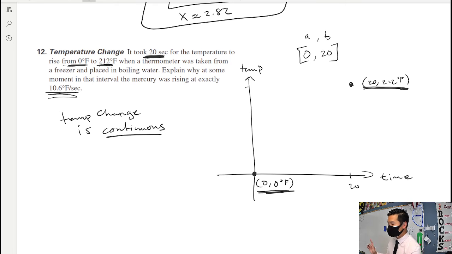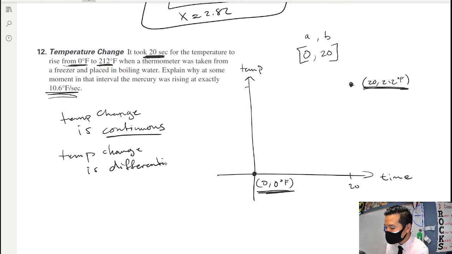Not only that, temperature doesn't go in a cusp motion. It doesn't do a rapid change to a rapid drop. It also doesn't go as a corner. There's no absolute values in temperature change. So not only is it continuous, temperature change is also what? Why is that important? Because it's MVT.